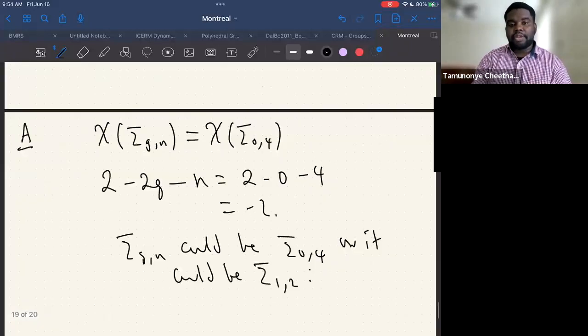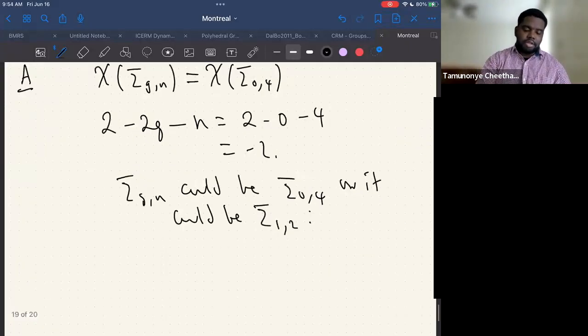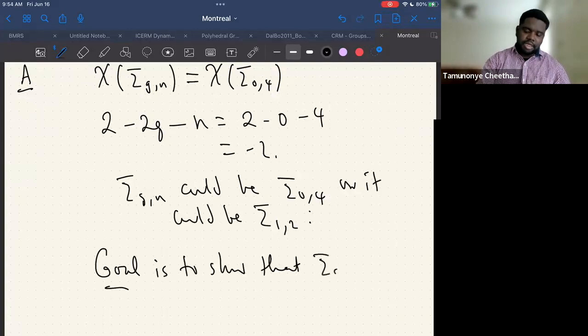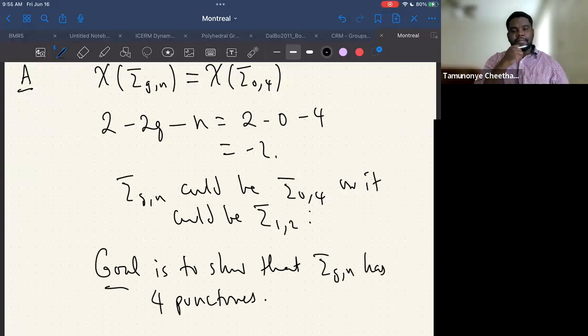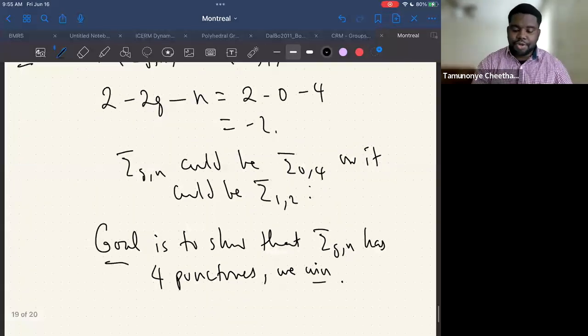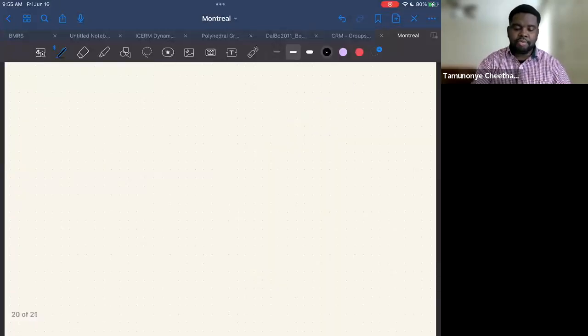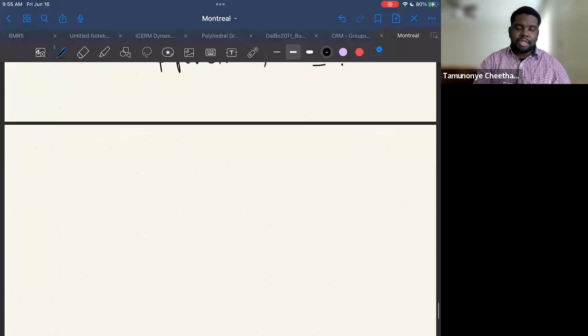And then our goal is to show that sigma g,n has 4 punctures. And if we're able to do this, we win.